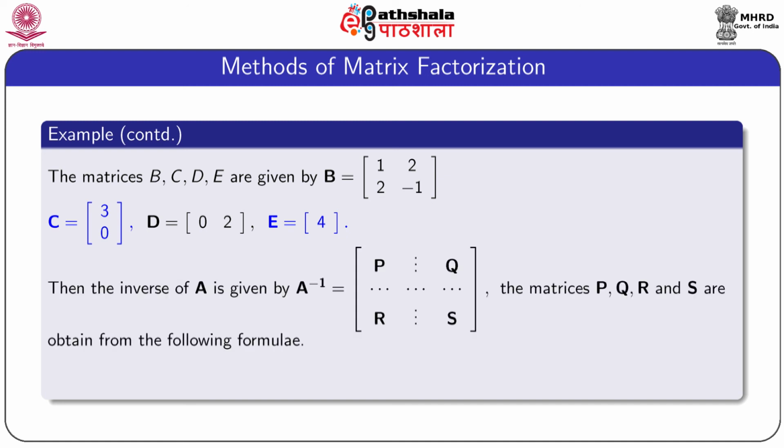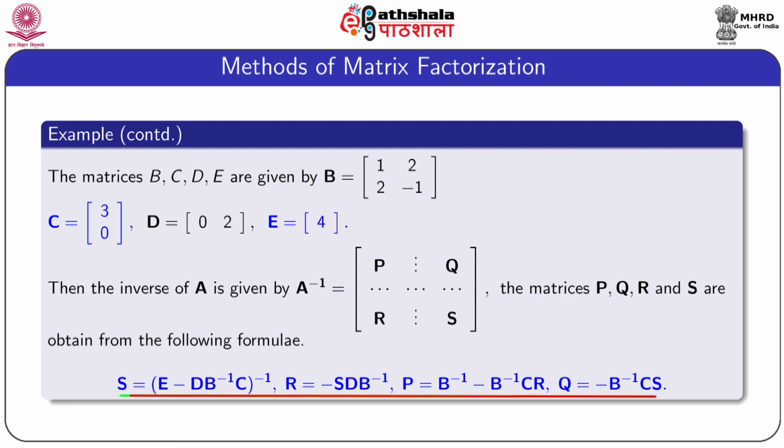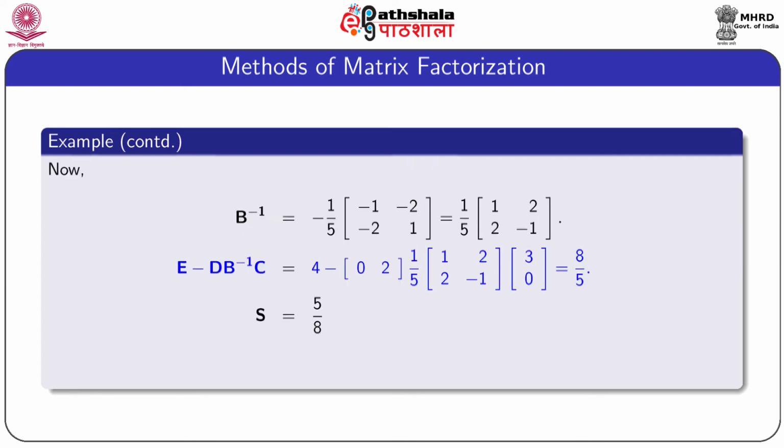So, by definition of the inverse, the matrices P, Q, R, S are to be determined, and these matrices are given by these equations: S equal to E minus D B inverse C whole inverse, R equal to minus S D B inverse, P equal to B inverse minus B inverse CR, and Q equal to minus B inverse CS. Now, we have B inverse equal to 1 by 5 into a 2 by 2 matrix, whose first row is 1, 2 and second row is 2, minus 1.